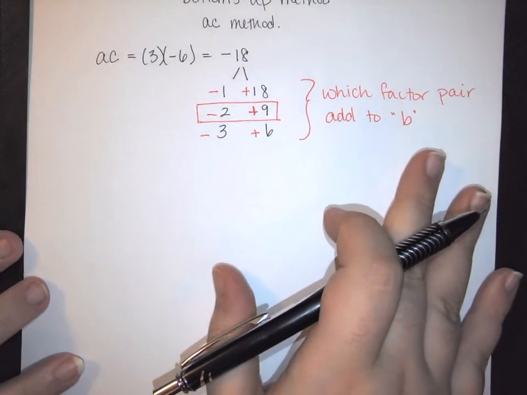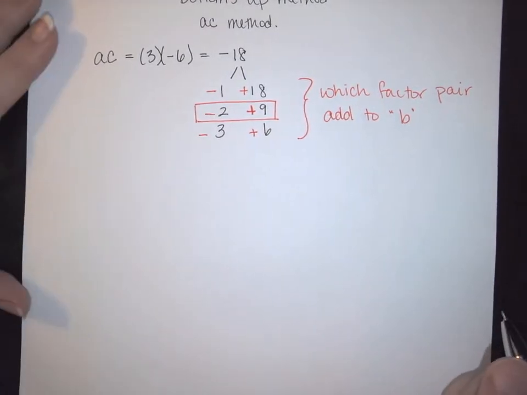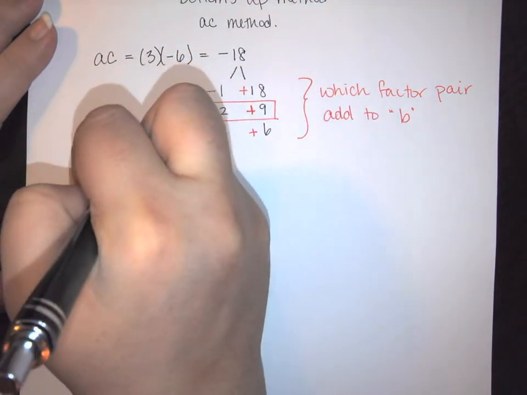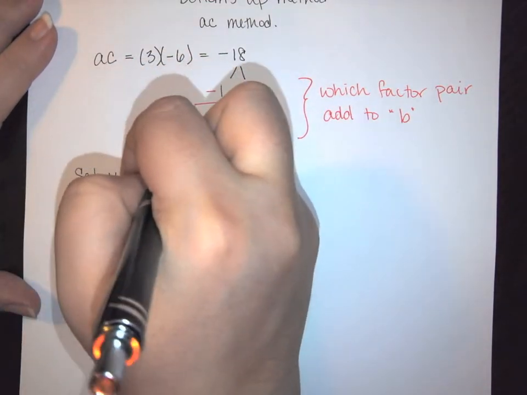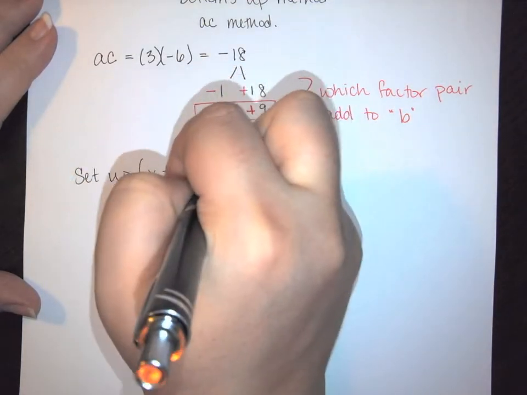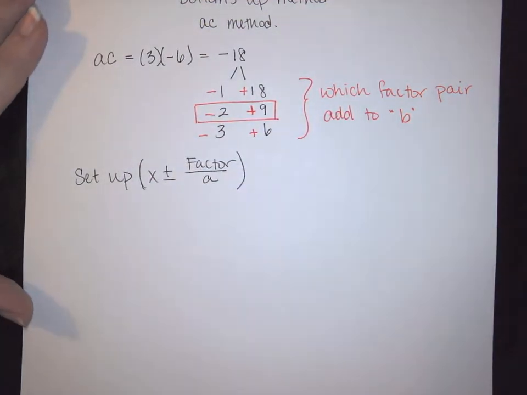Once you identify your factor pair, we need to set up your factors. So we want to set up the factor x plus or minus factor over the A term. So this is going to be our setup for bottoms up.